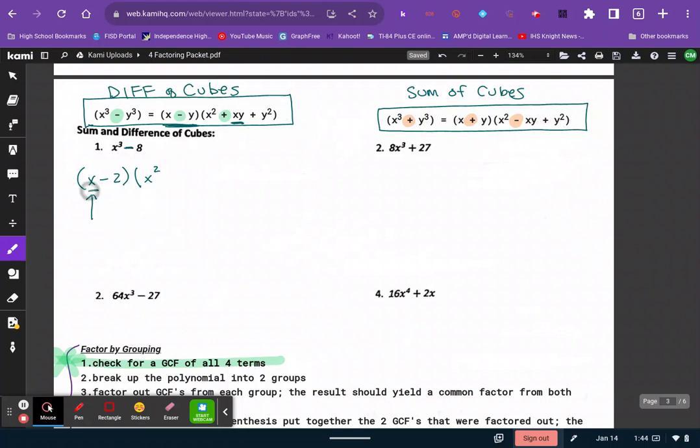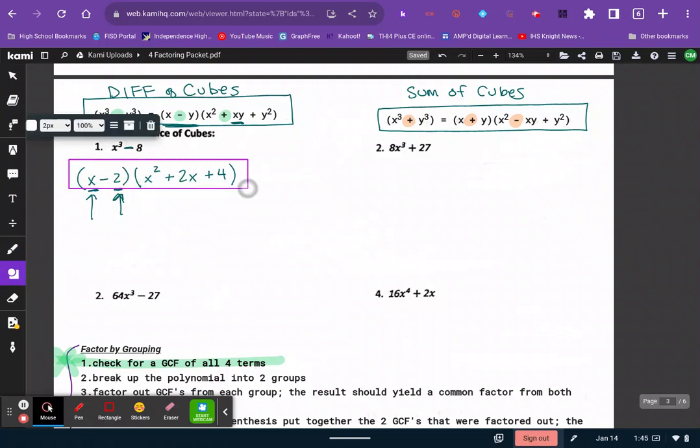So I multiply the x and the 2 together. And then for the last term, I take the second term here and square it. And that is it. Difference of cubes.